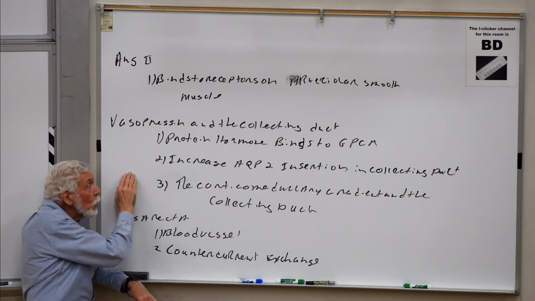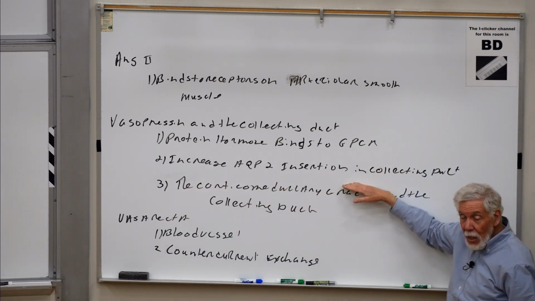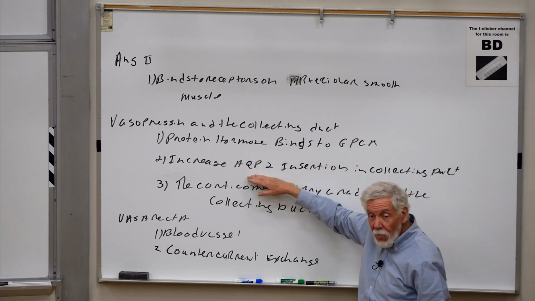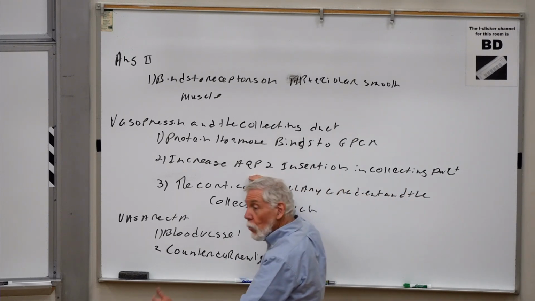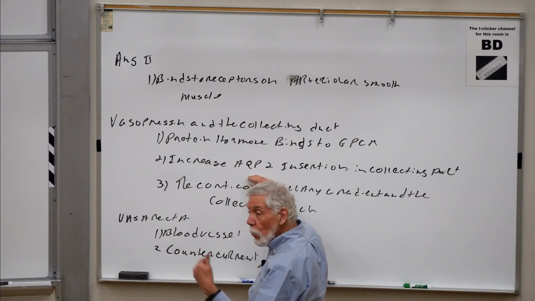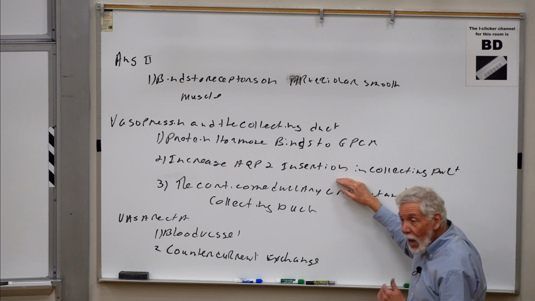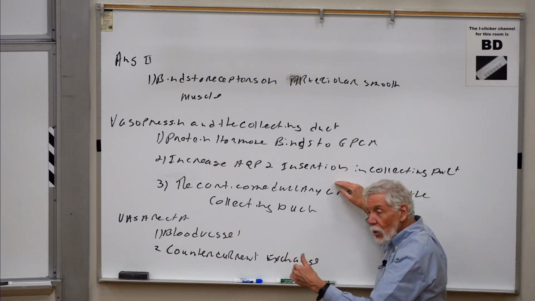So we're going to use the hormone vasopressin to bind to the basolateral side, increasing the insertion of aquaporin 2, and that provides a pathway for water to run down its concentration gradient from the lumen of the tube into the interstitial space, taking water out of the tube and putting it back into the interstitial space.